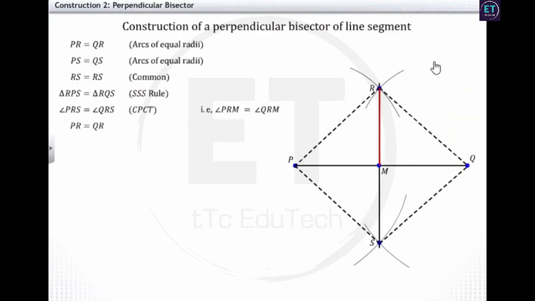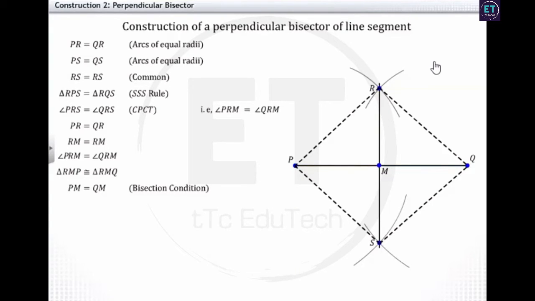RM is the common side. As proved above, angle PRM is equal to angle QRM. Therefore, by SAS congruence rule, the triangles RMP and RMQ are congruent. By CPCT, side PM is equal to side QM. This proves the condition of bisection.